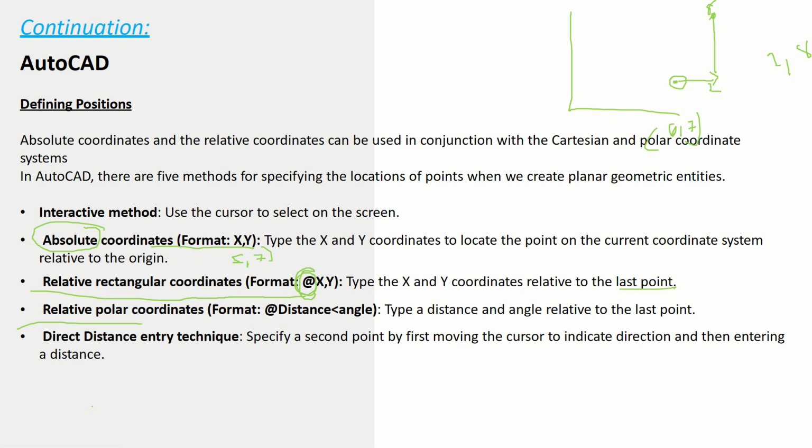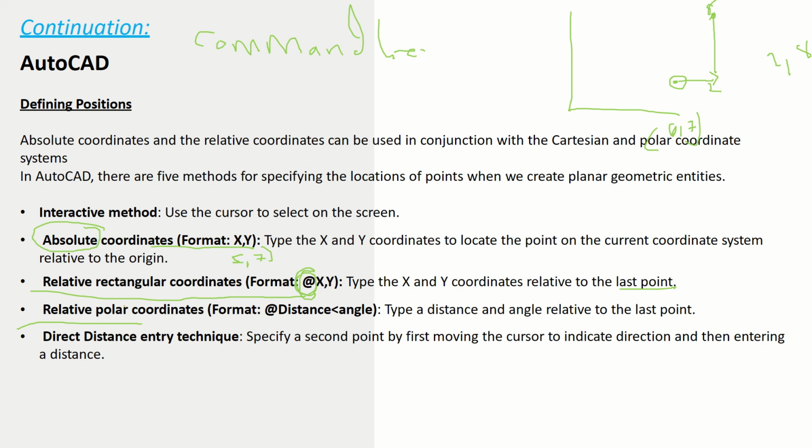So what we have is the relative polar coordinates, which just basically means when you're putting in your points in the software. And by the way, when I say putting them in, we are typing them either in the command line or in the drawing area, and you'll see how that works. I'll show you pretty soon.